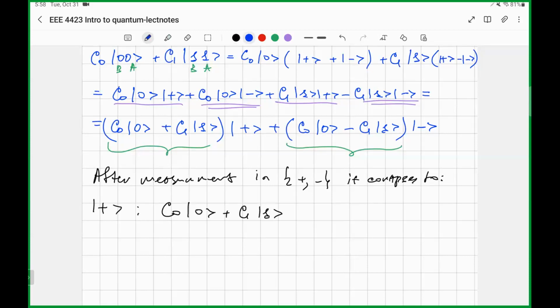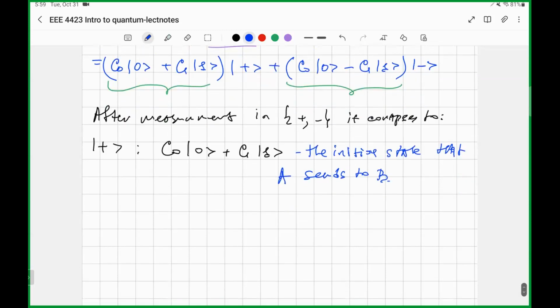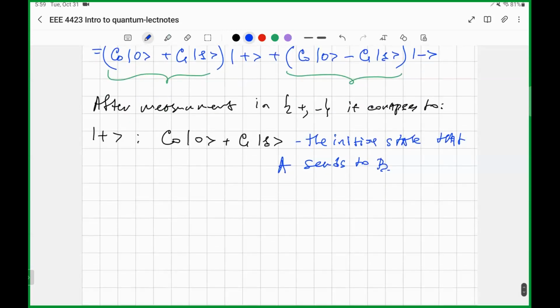And this is exactly the initial state that Alice wants to send to Bob, or teleport to Bob. So if she detects her qubit in the state plus, then she immediately knows that the qubit state teleportation is successful. Bob gets the correct state at his end.